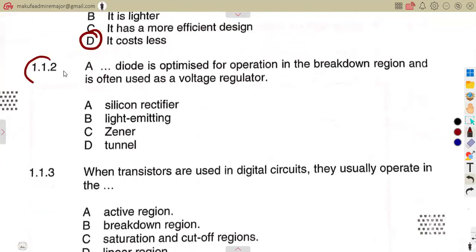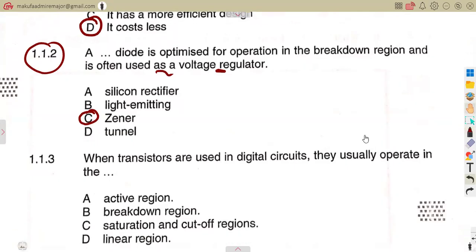All right, 1.12. We are given: which diode is optimized for operation in the breakdown region and is often used as a voltage regulator? So remember, that's a Zener diode, which we use for the breakdown, and it is also used as a voltage regulator.